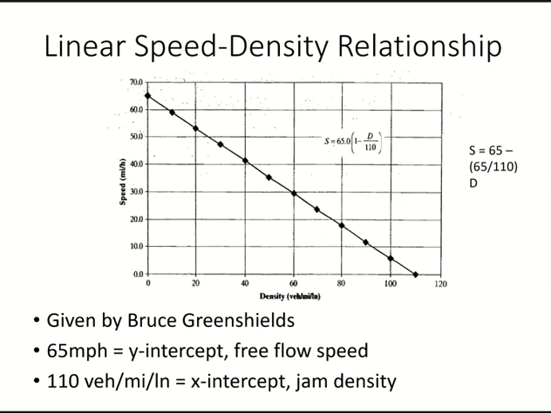So b was this value. y equals b minus the negative slope. And what is this slope? 65 upon 110, y upon x, y is 65, x is 110. Clear?